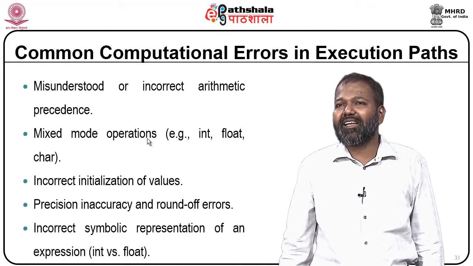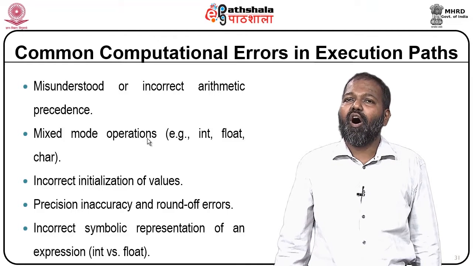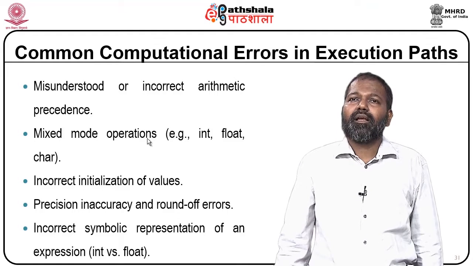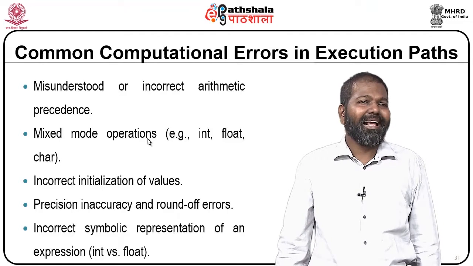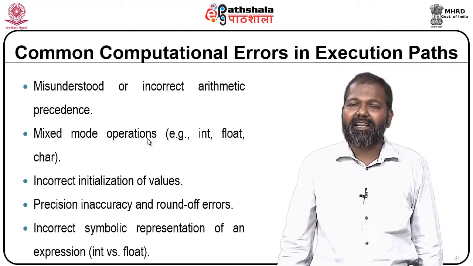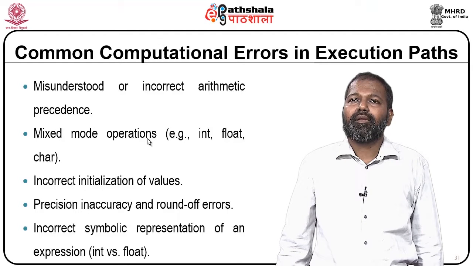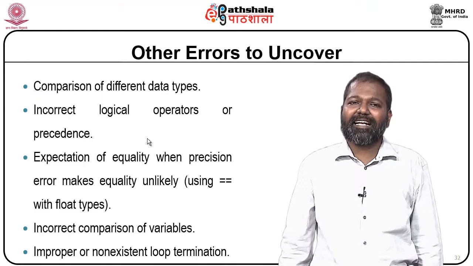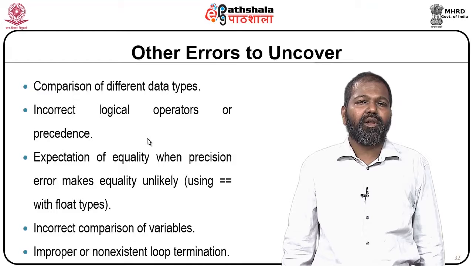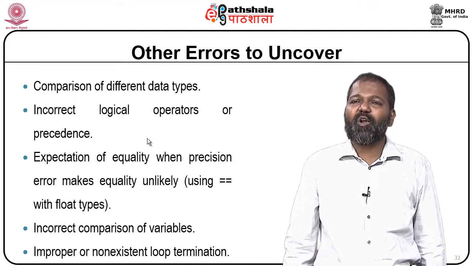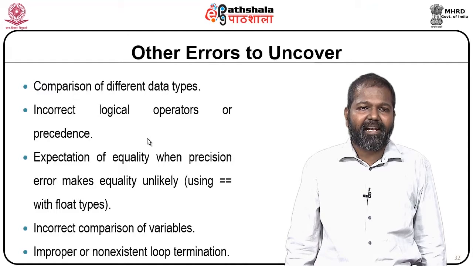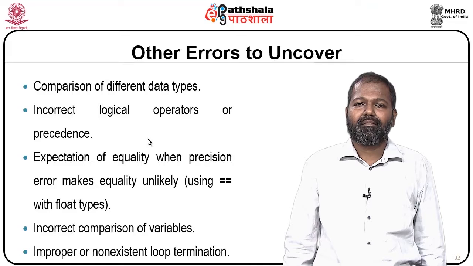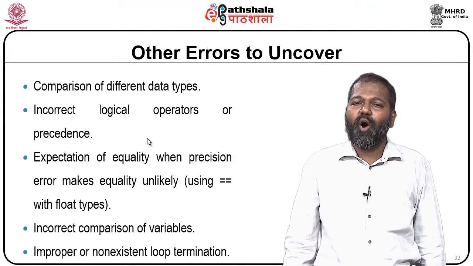Common computational errors in execution paths: misunderstood or incorrect arithmetic procedures, mixed mode operations, for example int, float, character, incorrect initialization of values, precision inaccuracy and round off errors, incorrect symbolic representation of an expression, int versus float, comparison of different data types, incorrect logical operators or precedence, expectation of equality when precision error makes equality unlikely, incorrect comparison of variables, improper or non-existent loop termination.